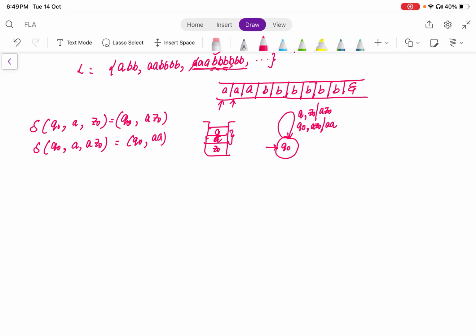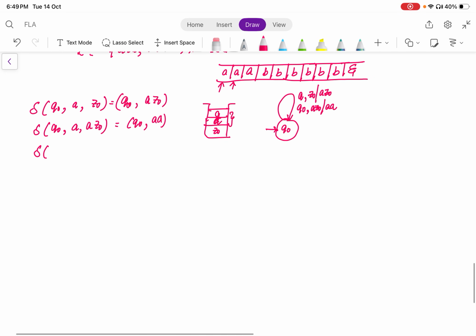Now we are going to push the third a. Delta of Q0, comma third a. Input is a. The stack state is a a Z0. You are pushing another a. Q0, comma a. The status of the stack before pushing a is a, and after adding it is still a a.